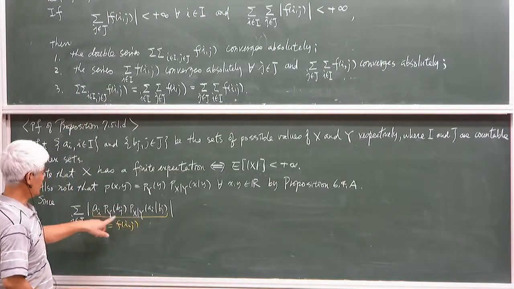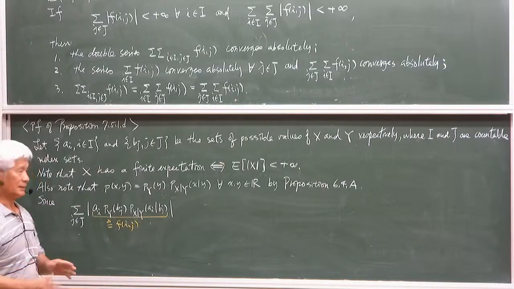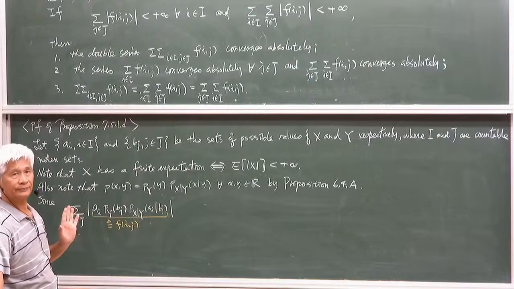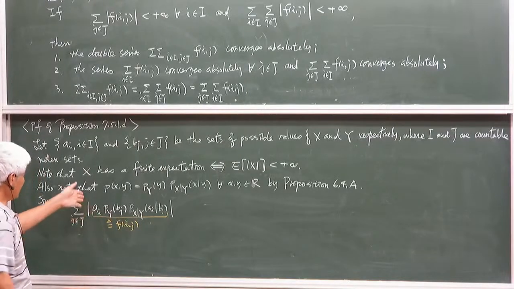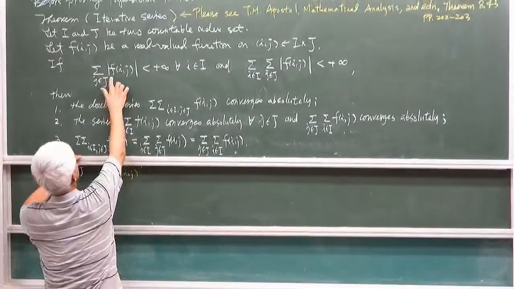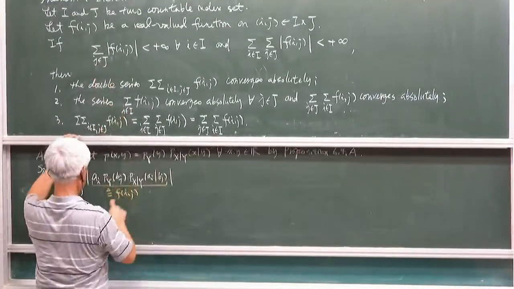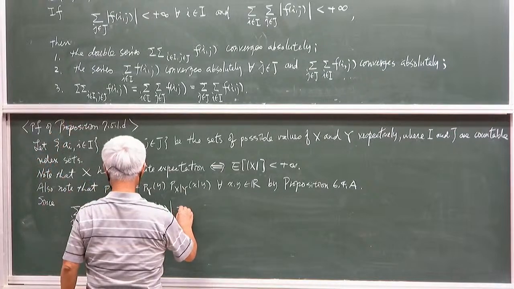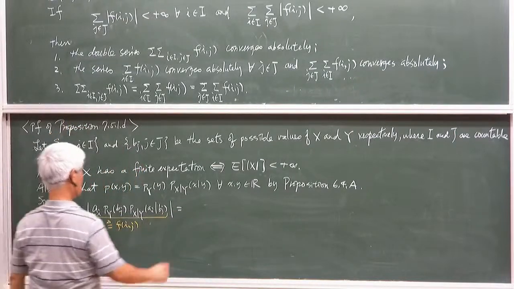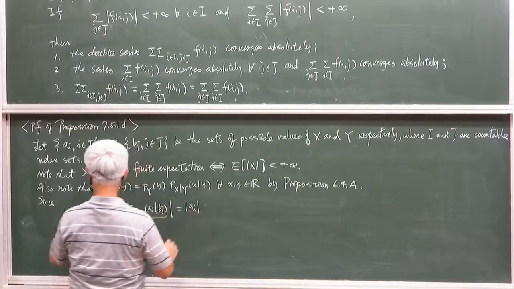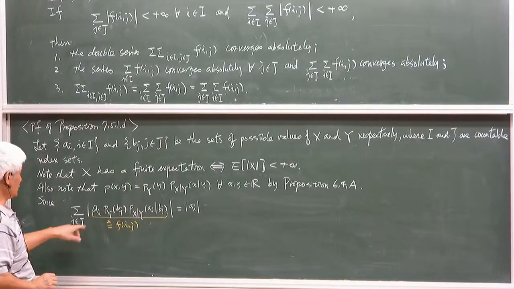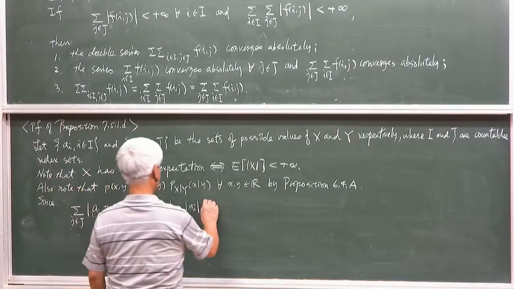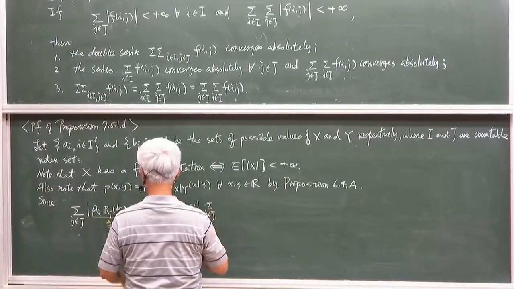So it depends on the index i and the index j here, right? And we take the absolute value and sum over index j. We know this is a_i, because the summation is over j, so i is independent of j, and we can take out the absolute value of a_i and sum over j in J.